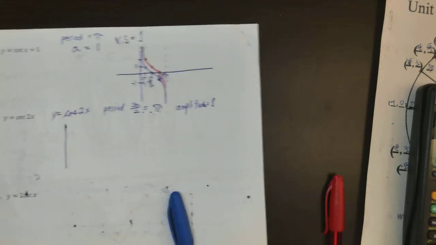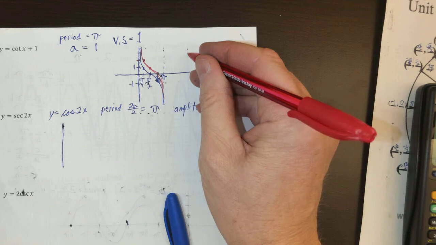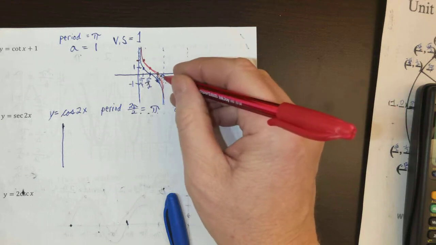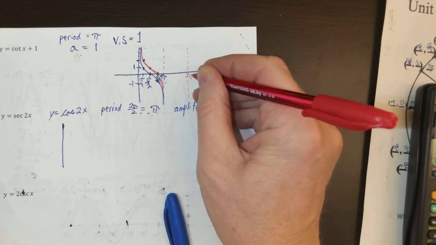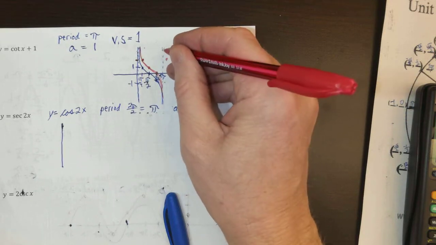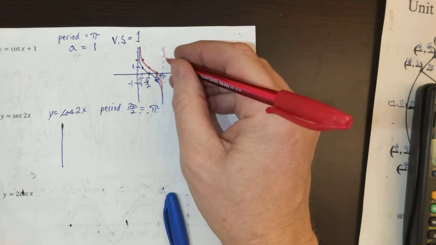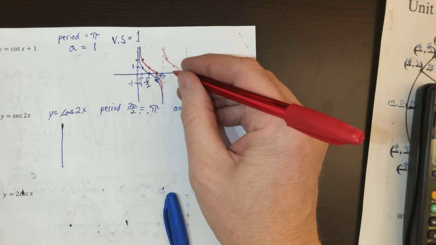Oh, shoot. I'm remembering. That's pi. I'll put 2 pi here. And I'll put that point, and that point, and that point. I did forget to do a second period.